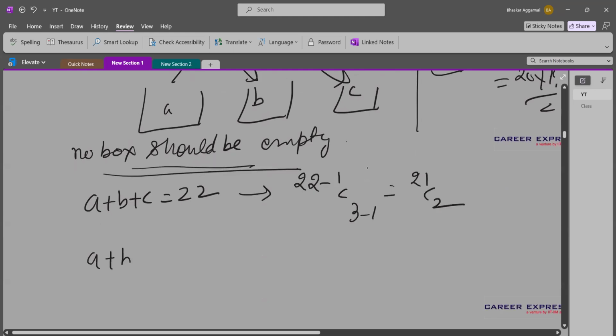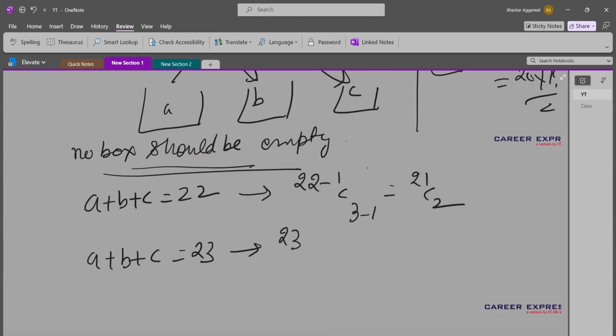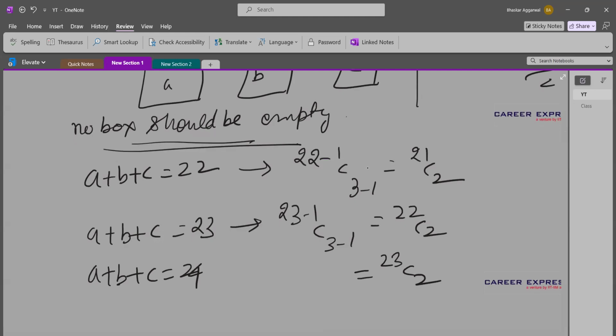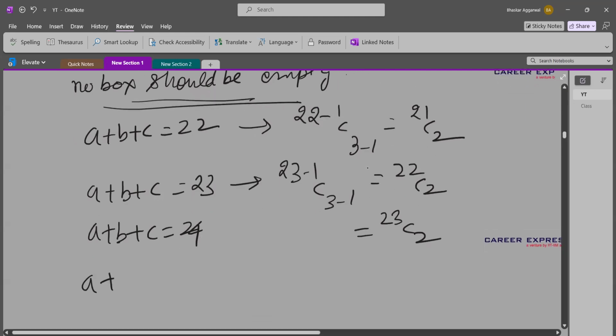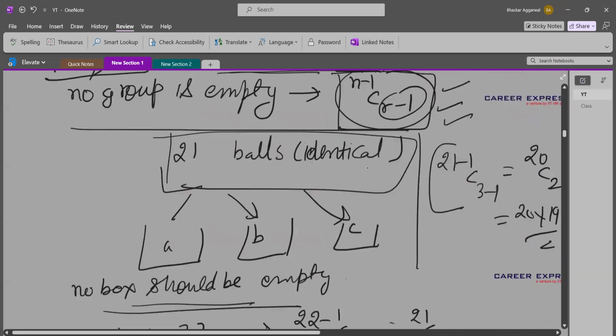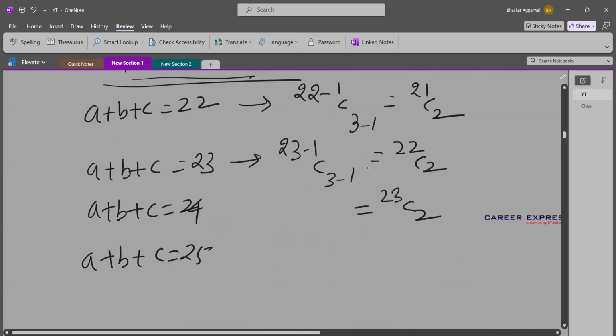For the third case, A plus B plus C is 23: 23 minus 1 C 3 minus 1, so 22C2. When A plus B plus C is 24, this will be 23C2. And when A plus B plus C is 25, this will be 24C2.